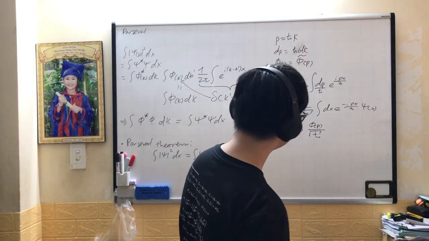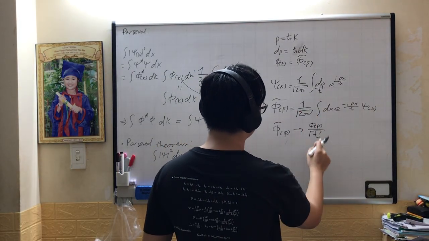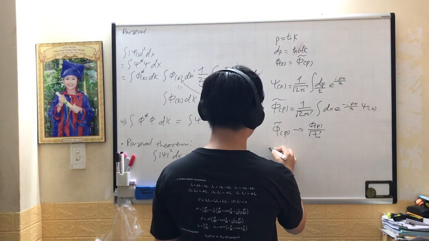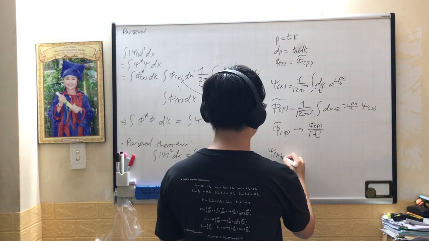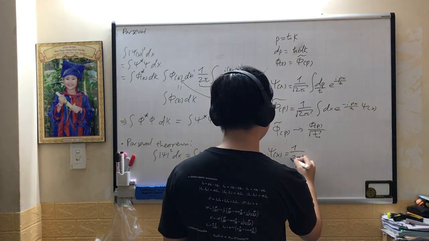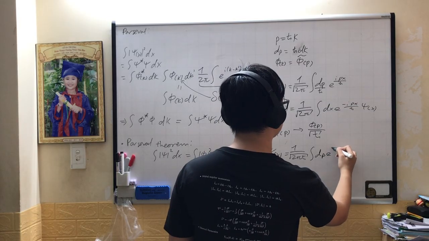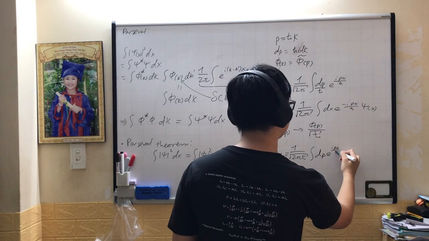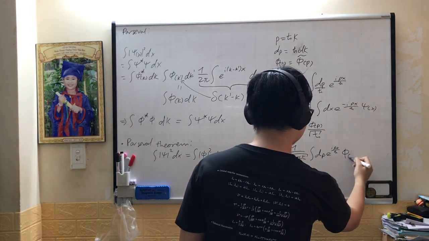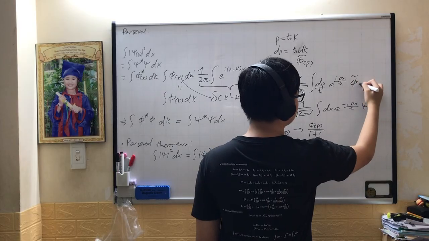And as you can see, if we do that, we get a root h bar over here. So therefore, our psi of x is now equal to 1 over root 2 pi h bar integral dp e to the ipx over h bar of psi tilde of p. I forgot to put the function here.